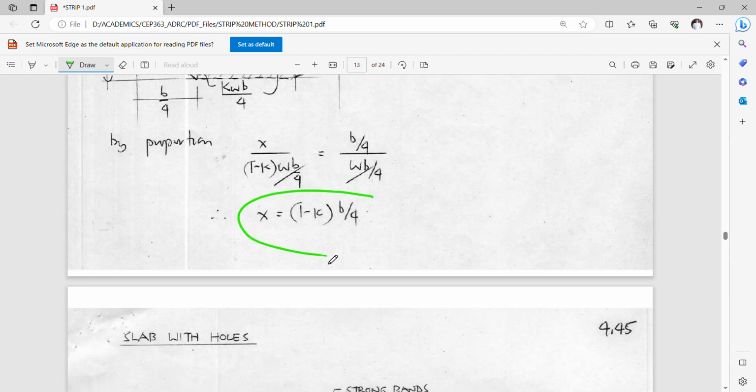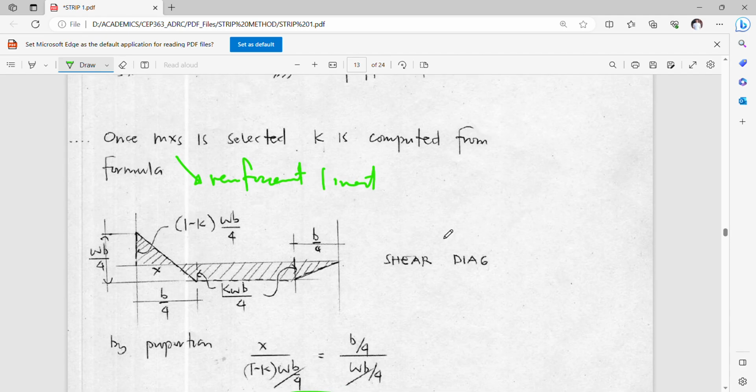So when K is computed, X is 1 over K times B over 4. So this is now the value of X that will give you the point of maximum moment.